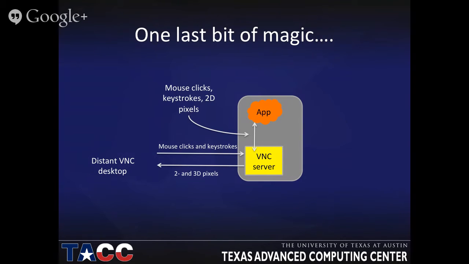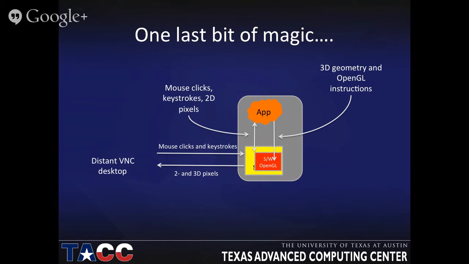But if you're trying to do fancy graphics, this model doesn't work. And the reason is because hardware graphics commands are different. And they go to a special library called your OpenGL library. Now, some versions of the VNC server have a software version of the OpenGL library that runs inside the server.